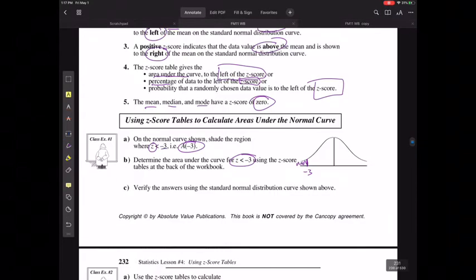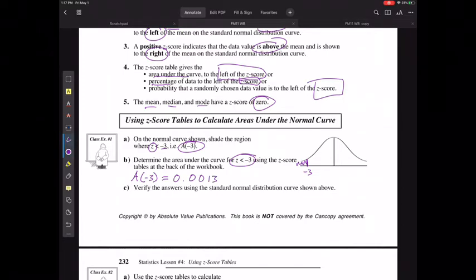So, to determine the area under the curve: the area under -3 is going to equal 0.0013, or I can multiply that by 100 and get 0.13%.